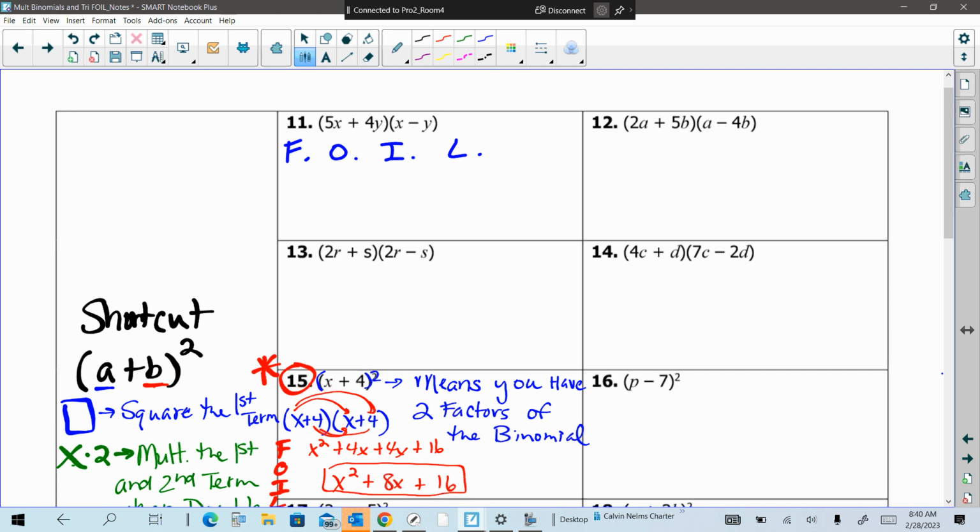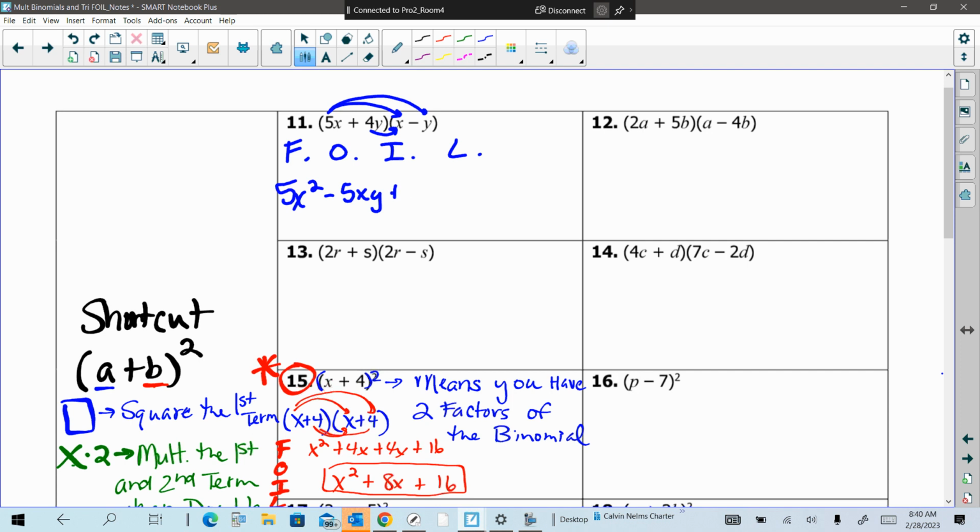So like on the first term, 5x times x is still going to give me 5x squared. But now when I go to my outer term, I'm doing this 5x times this negative y. So this becomes minus 5xy. So you put both variables to show the product.